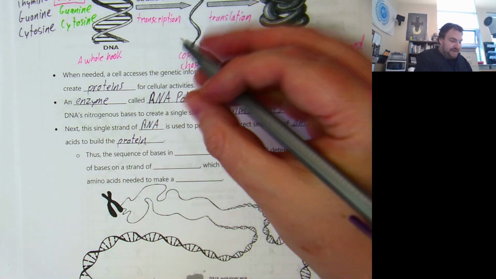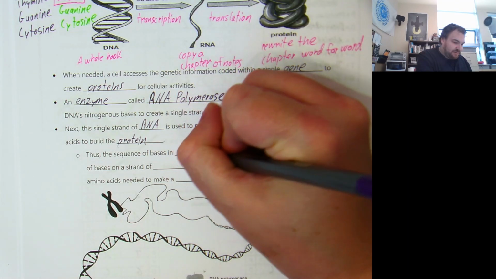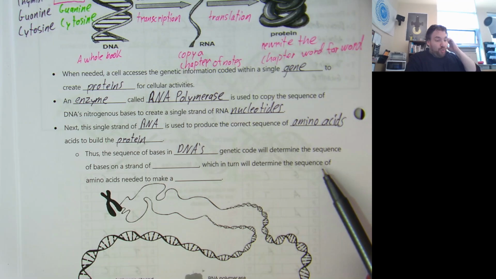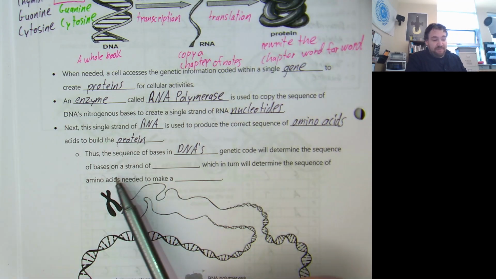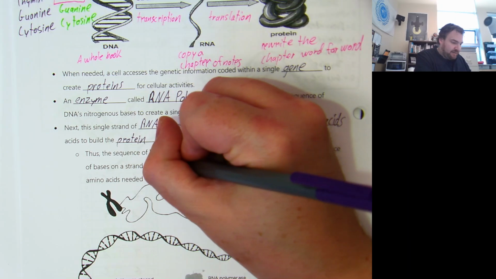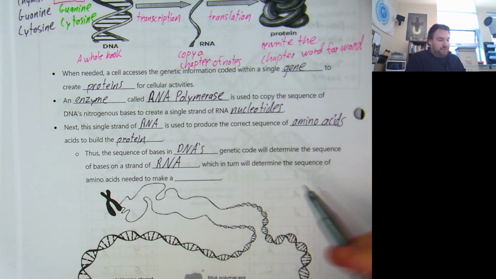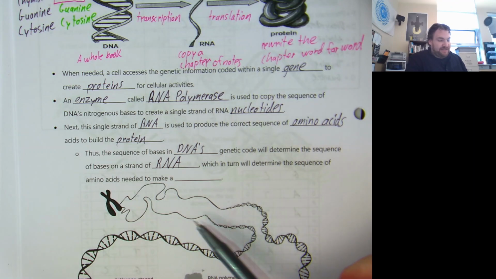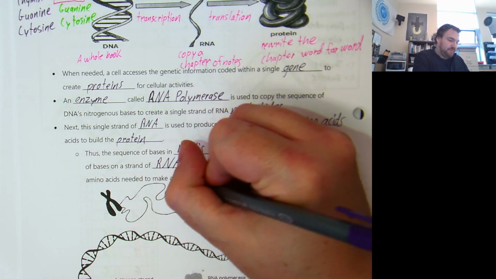Thus, the sequence of bases in DNA's genetic code will determine the sequence of bases on a strand of RNA, which will in turn determine the sequence of amino acids needed to make a protein.